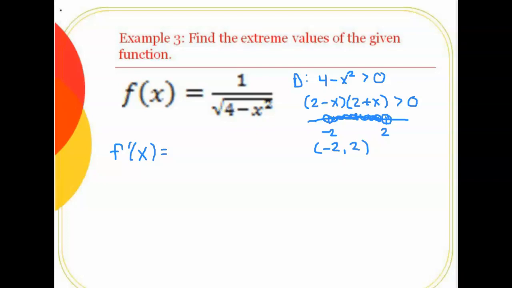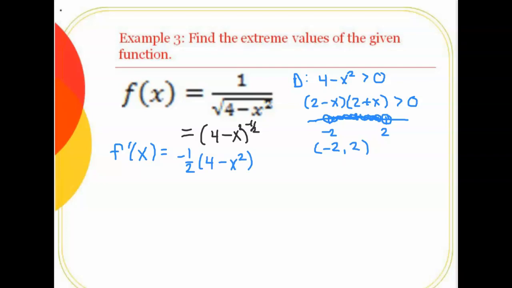And honestly, the easiest way to find this derivative is probably to bring our square root up as a negative. So I'm going to bring the square root of 4 minus x squared up as a negative 1/2. So that when I go to find my derivative, it's negative 1/2 times 4 minus x squared.